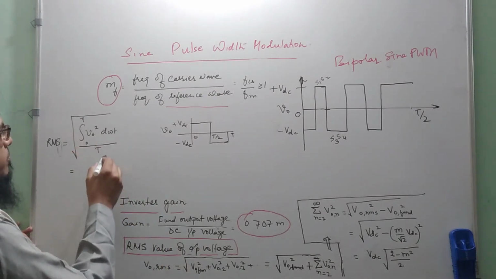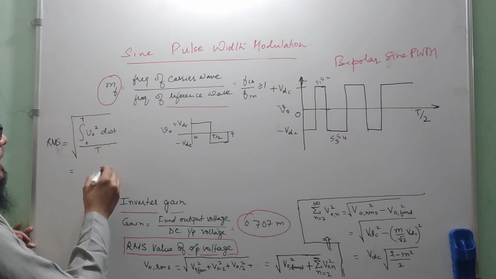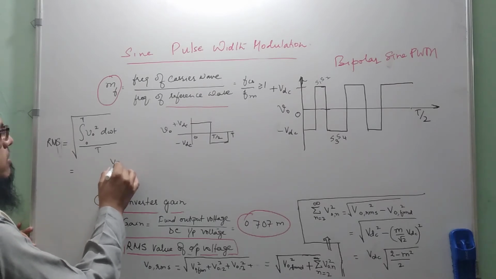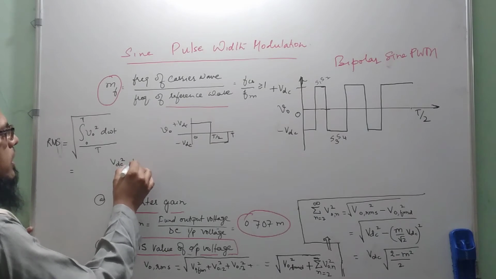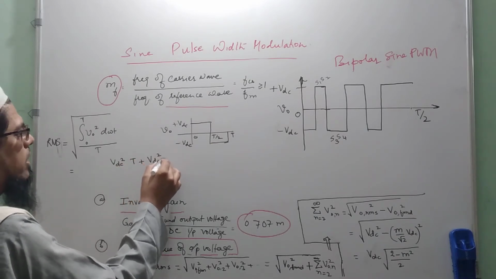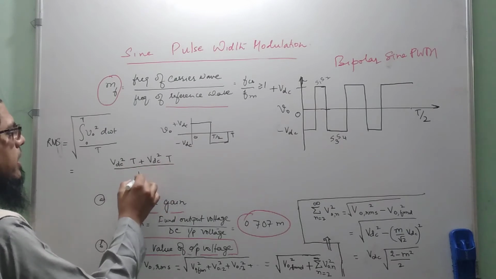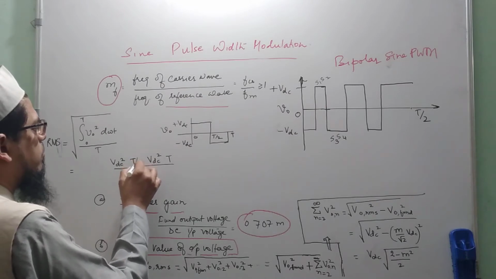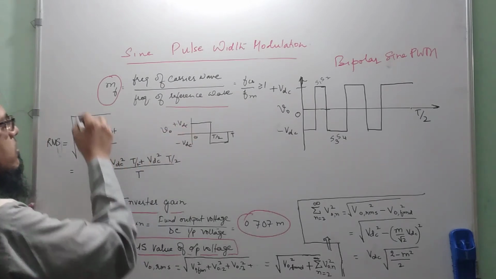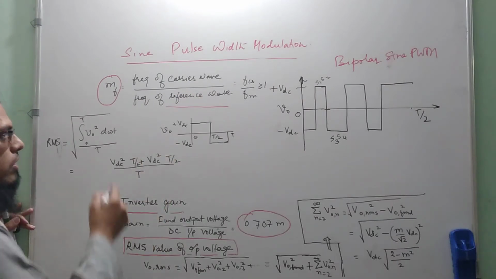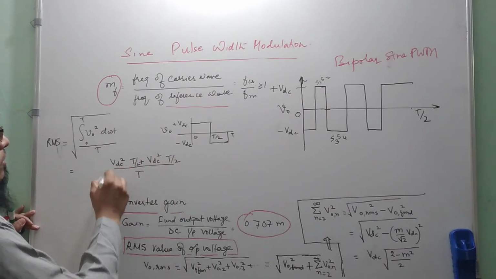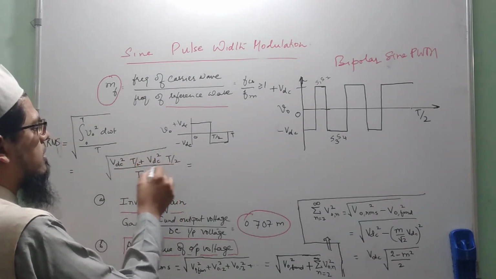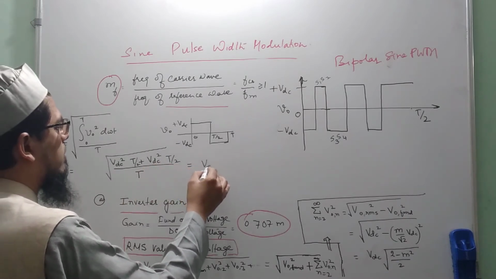So this will give me VDC square into T by 2 plus VDC square into T by 2, divided by T. The duration is T by 2 in both the cases, taking the square root of this, T gets cancelled, and finally this is equal to VDC.